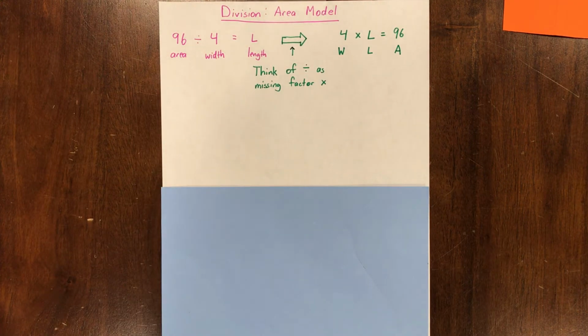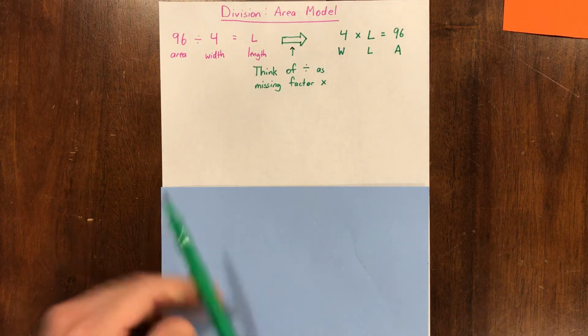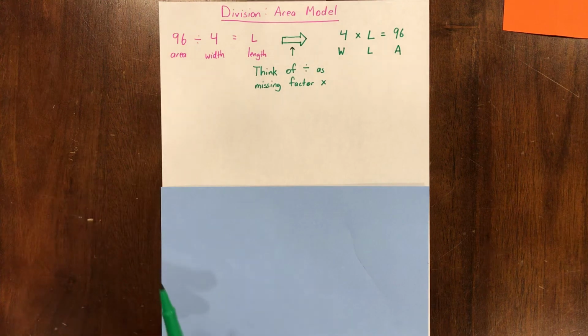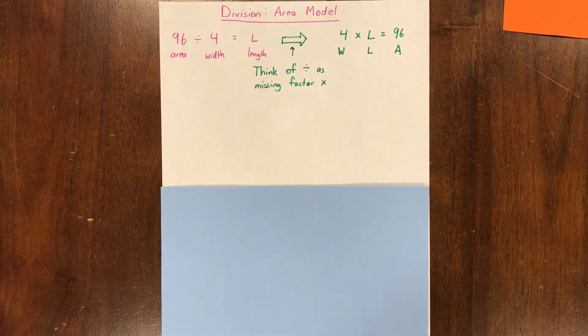All right, great. So what part of our division number sentence that we had here actually becomes the area of the rectangle, and why? Say it out loud.